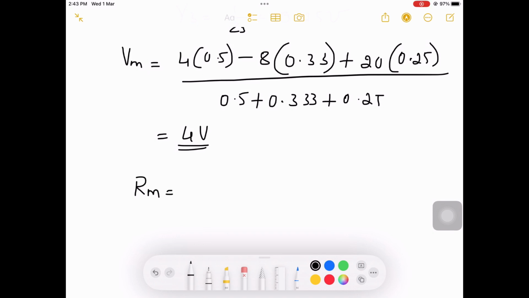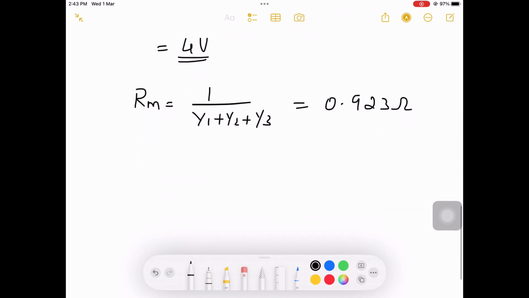Once I get this, I need to find the equivalent resistance Rm, which will be 1 divided by Y1 plus Y2 plus Y3. That will give us 0.923 ohms. Now I will write this circuit using Vm and Rm.